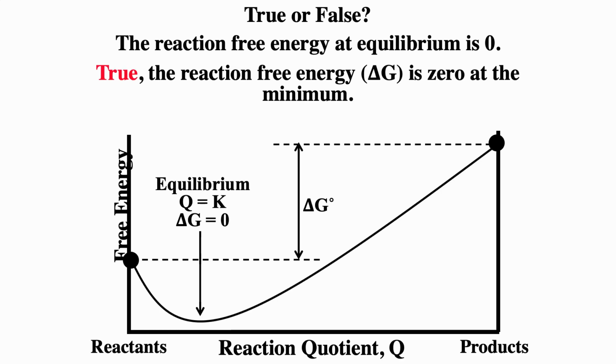True or false, the reaction free energy at equilibrium is 0. And so that's true. Remember, the non-standard reaction free energy is just the slope of this line. And so at equilibrium, it is 0. True or false, the standard reaction free energy at equilibrium is 0.